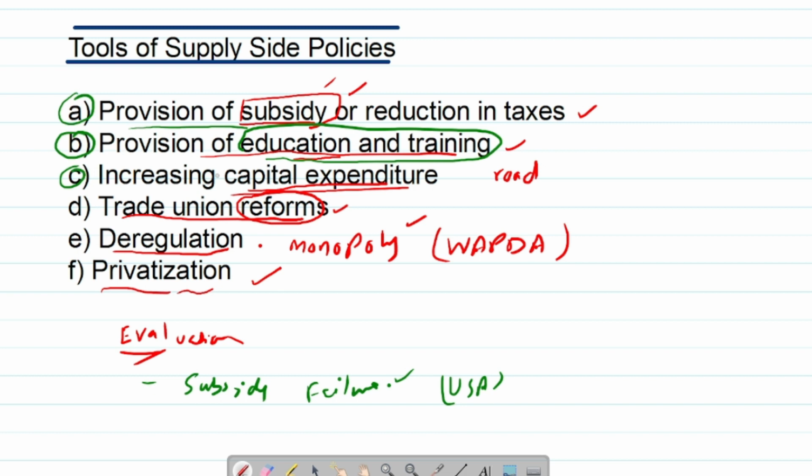And increasing capital expenditure is another method, and sometimes capital expenditure done by the government on long-term projects is just for the sake of gaining political gain, and it might not increase employment and achieve economic growth. And similarly, capital expenditure has the sequencing issue as well.